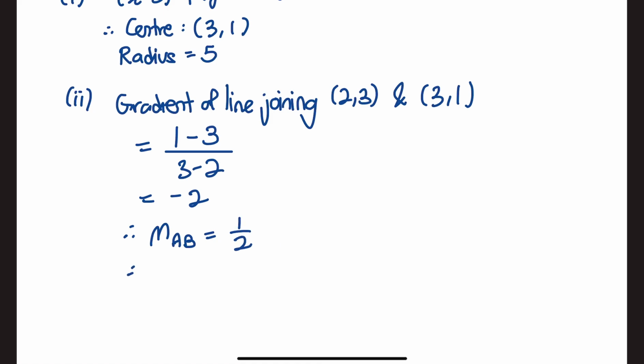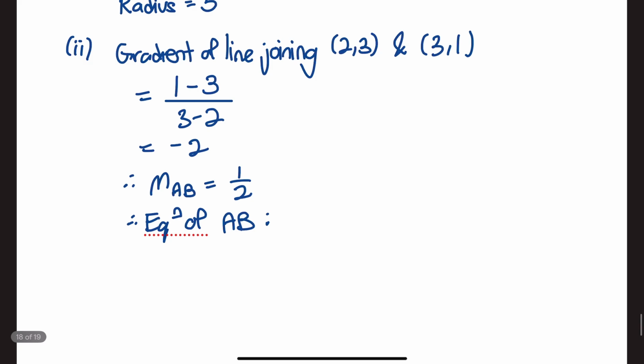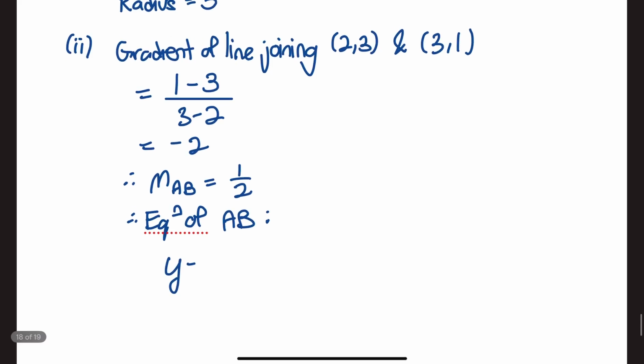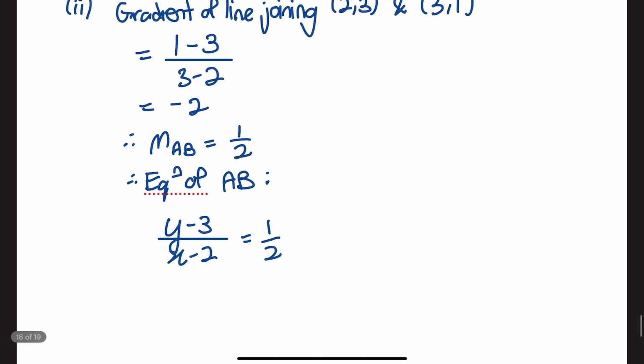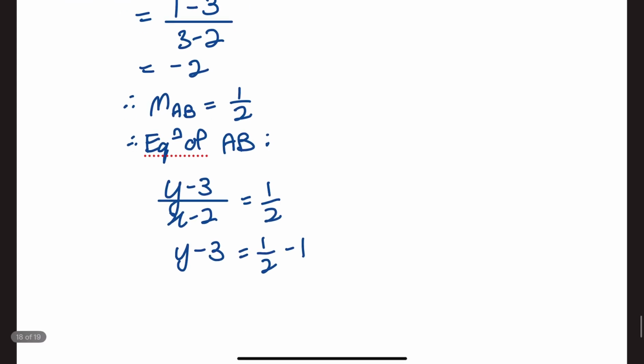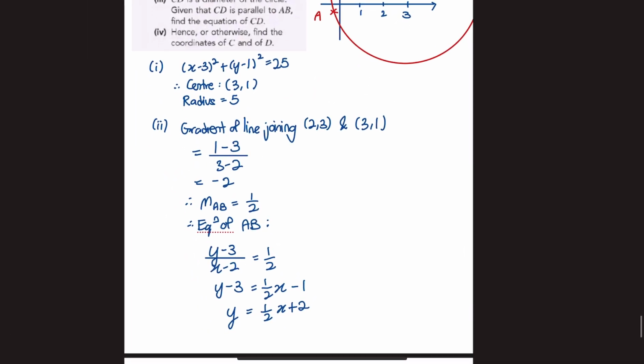Therefore, the final answer, the equation of the line AB is (y minus 3) over (x minus 2) equals half. Therefore, y minus 3 equals half x minus 1, y equals half x plus 2. And that is for part 2.